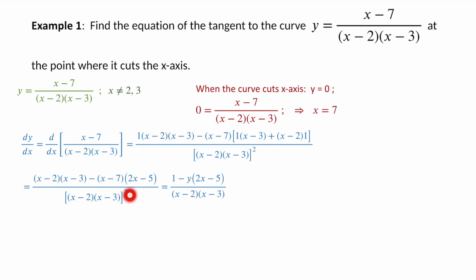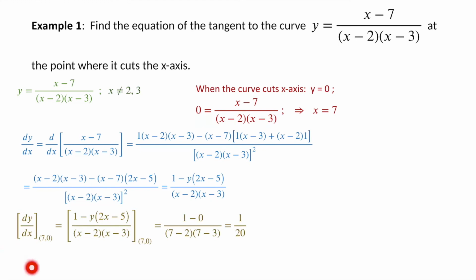That's how we got rid of the square in the denominator, and in the numerator we got this 1, and then here we could get y, because we know that y equals x minus 7 divided by (x minus 2)(x minus 3). So that's how we got y here, and that probably just simplifies the calculation.